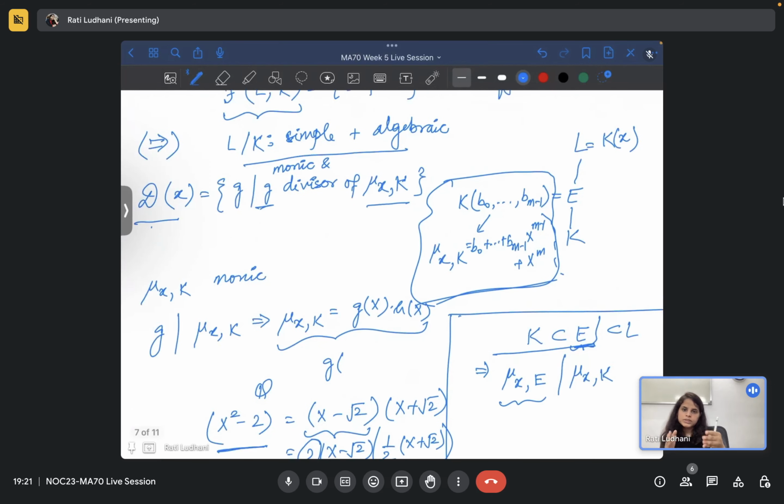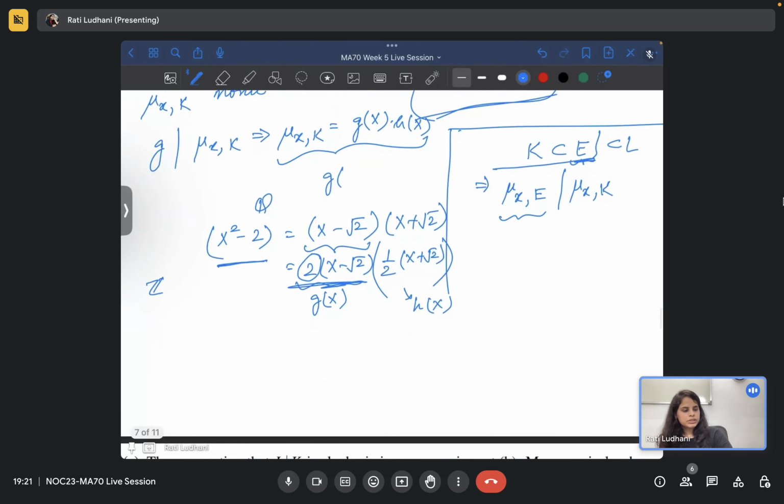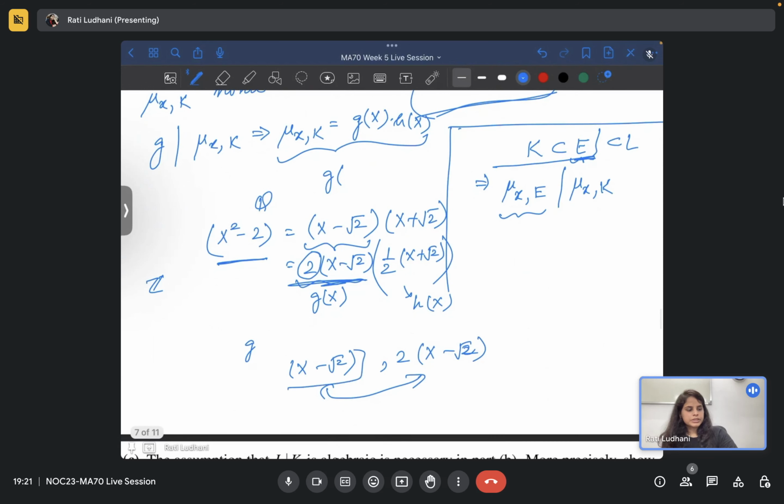We can still consider equivalence classes here. Basically, there is x minus root 2, and there is also 2x minus root 2, but we don't want to consider these two as separate entities, because we are interested in monic polynomials, because we will talk about the minimal polynomial only.